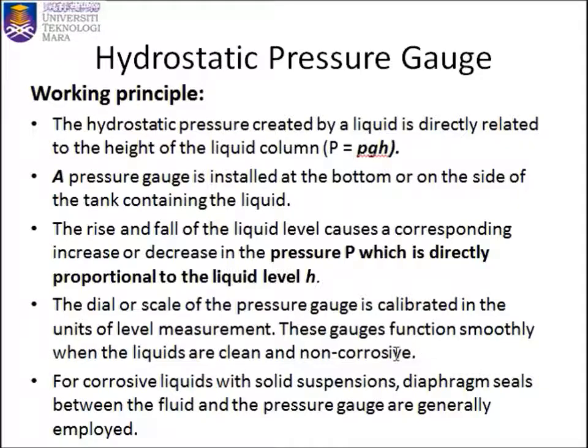This gauge functions smoothly when the liquids are clean and non-corrosive. But for corrosive liquid with solid suspension, diaphragms sealed between the fluid and the pressure gauge are generally employed. So let's watch how this hydrostatic pressure gauge works.